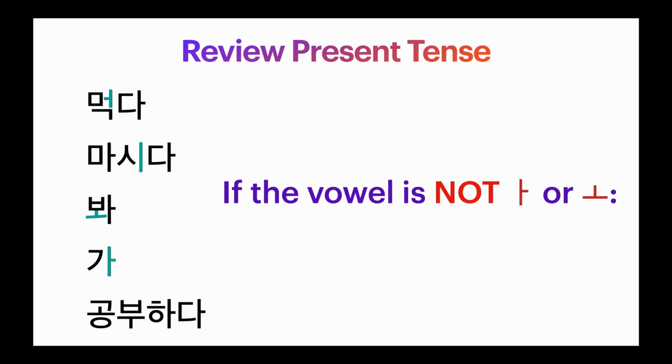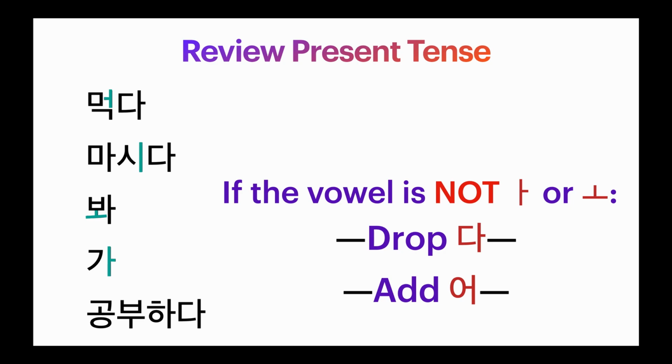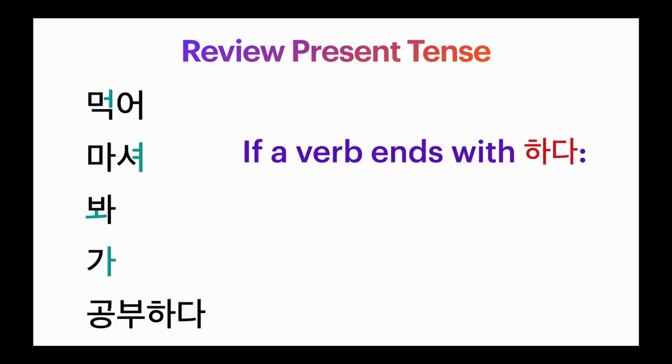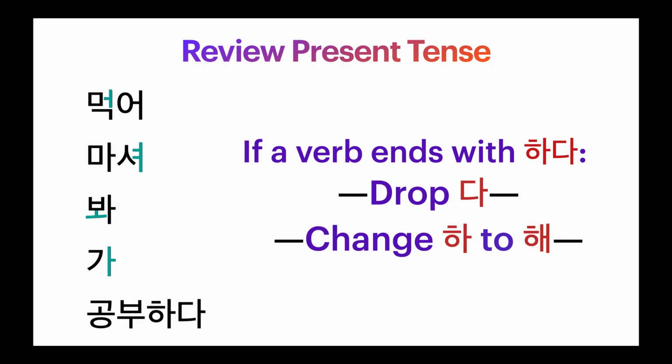If the final vowel is not ㅏ or ㅗ, then you will drop 다 and add 어, and once again, merge if necessary. And if a verb ends with 하다, which would be 공부하다, then you will drop 다 and change 하 into 해.